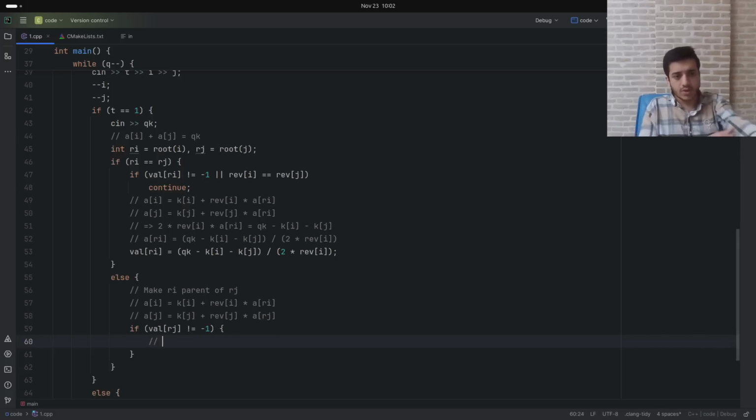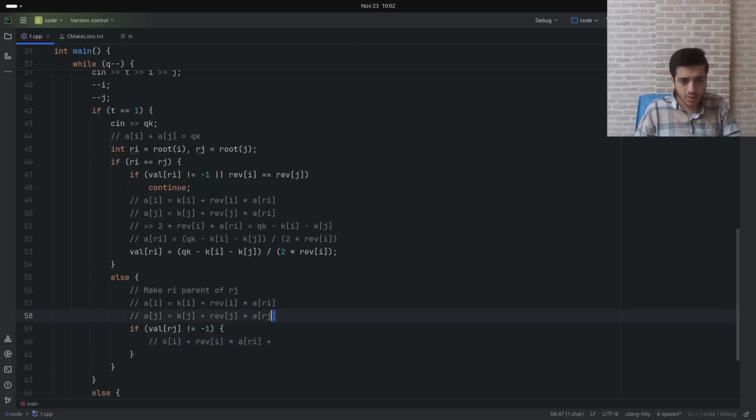Okay, so we know that ki plus rev I times a of ri plus this is equal to qk, and we know all the values except this, and we can find this, right?